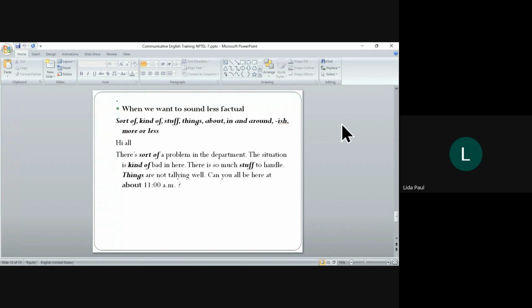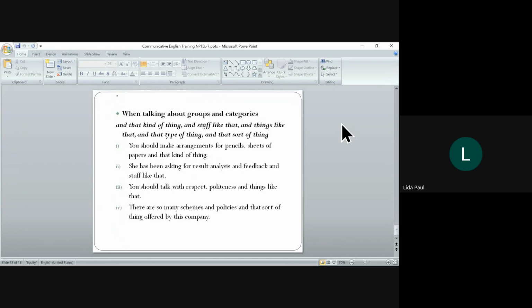You can find this book in and around that library. So in and around is another expression. The show might start 8-ish, okay? So you're not giving an exact, specific time, you're saying it will start 8-ish. Or expressions like, the work is more or less done. So more or less is another expression which contributes to vagueness.